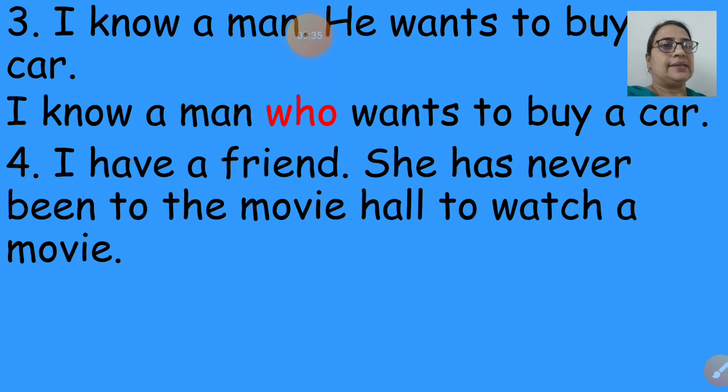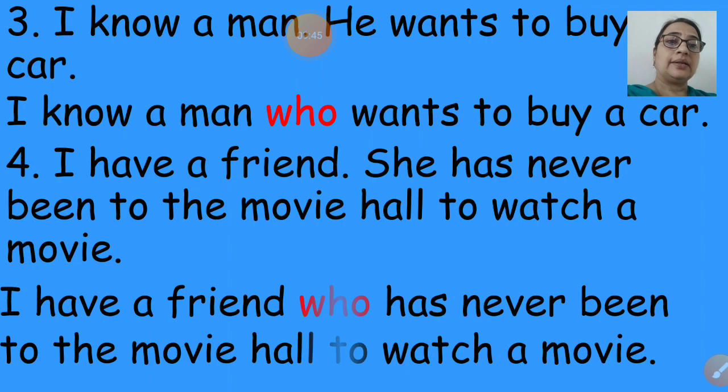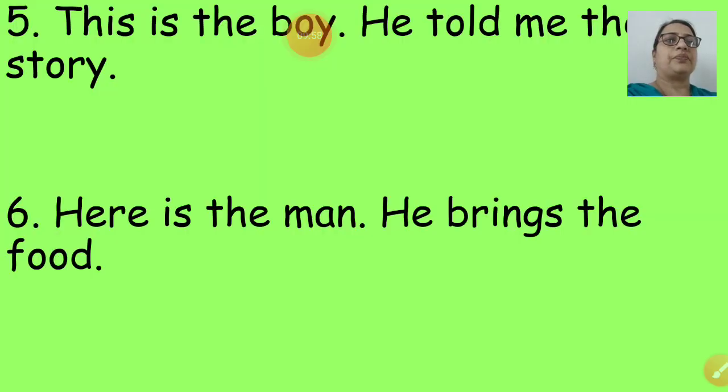And the second sentence is, she has never been to the movie hall to watch a movie. And after joining the sentence with the word who, what answer will we get? Let's see. I have a friend who has never been to the movie hall to watch a movie.